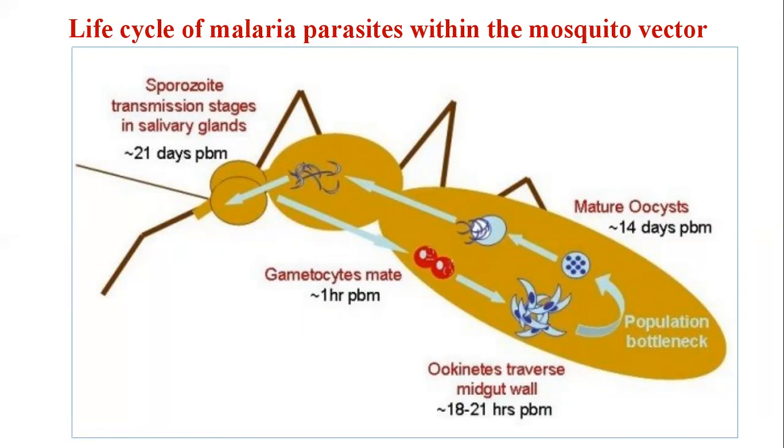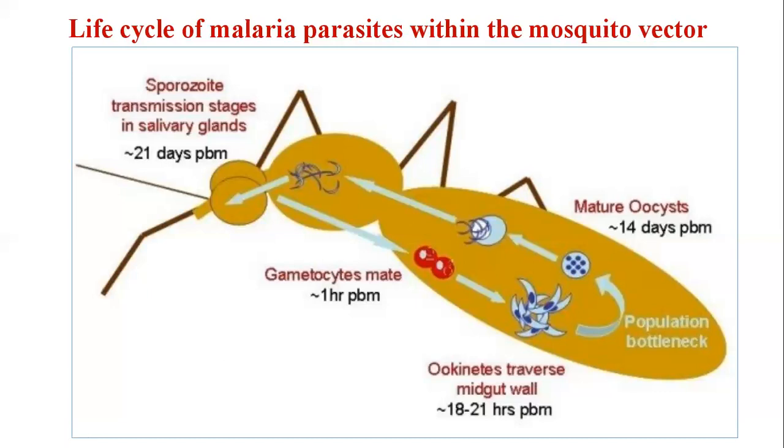Then these ookinetes burrow through the mosquito's mid-gut wall and form a second structure that is known as the oocyst. And they take about 2 weeks for this development.